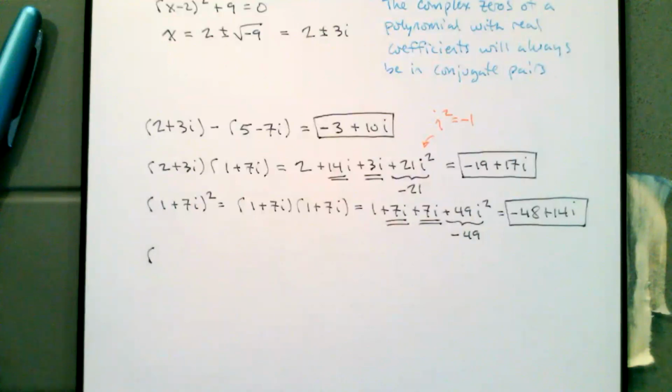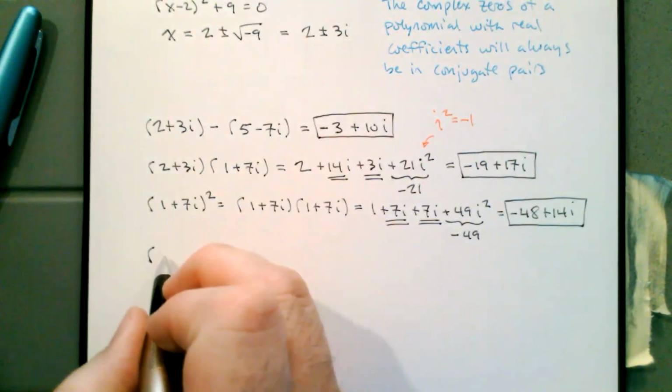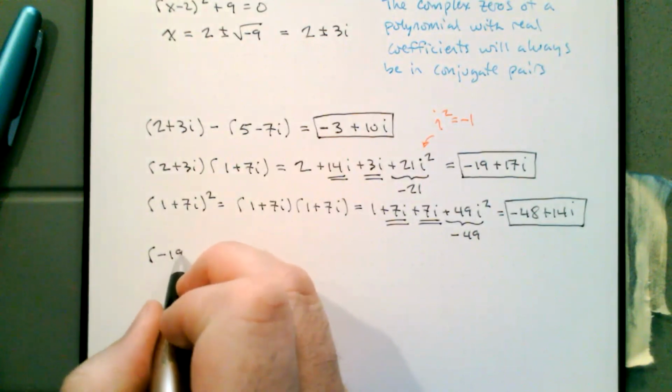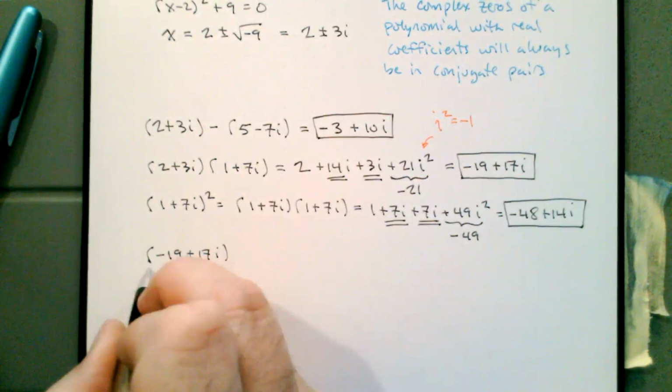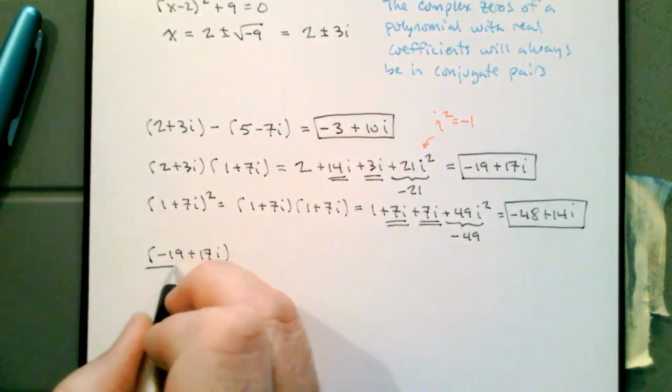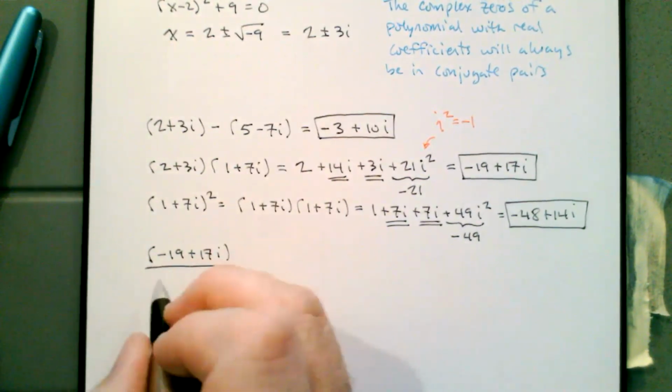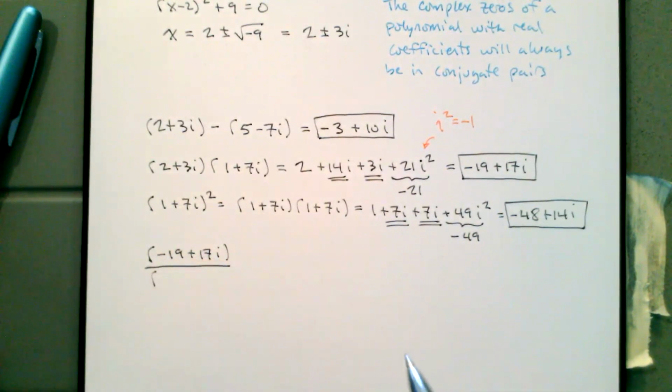So if we want to divide some complex numbers, like -19 plus 17i, let's suppose I wanted this divided by 2 plus 3i. I'm just going to write it up and down, in which case I wouldn't need the parentheses, but I will in a second anyway.